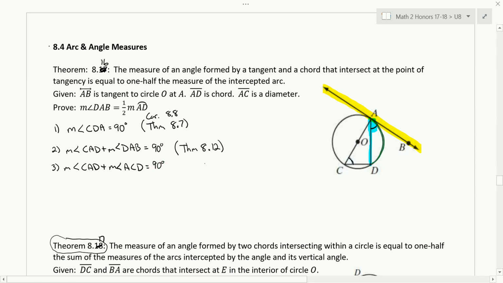And so notice the measure of CAD plus an angle is 90. And in number 3, the measure of CAD plus another angle is 90. So what can we say about those two angles that I circled? They have to be congruent, yeah. So we get that the measure of angle ACD has to be equal to the measure of angle DAB, and we can get that through some substitution.